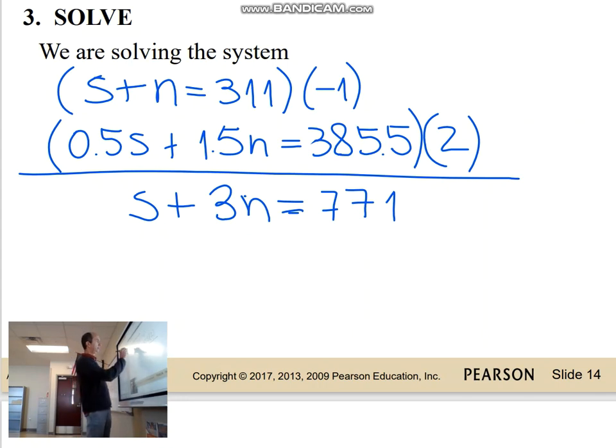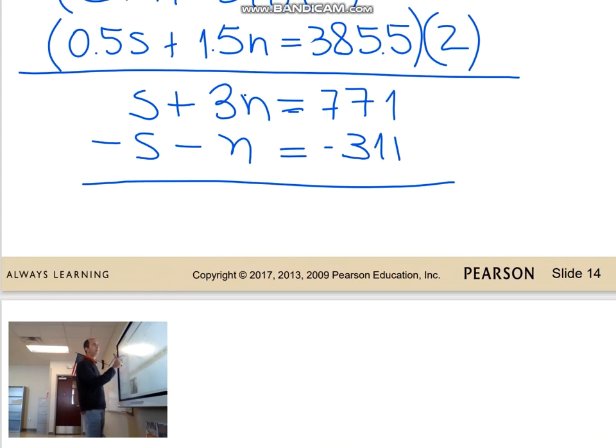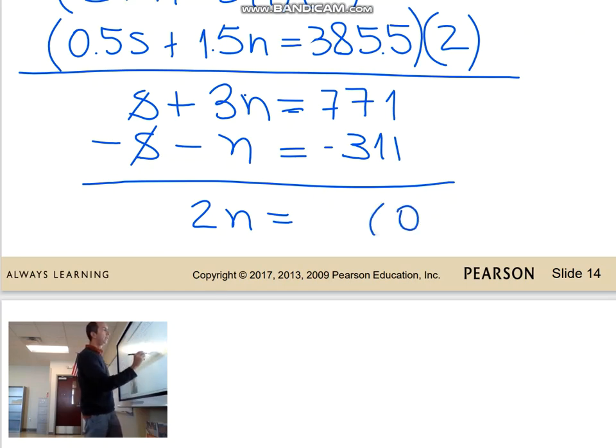And the first equation, negative s minus n equals negative 311. Now add both equations. You can eliminate s, and 3n minus n is 2n. 771 minus 311 is, check it out, 460.